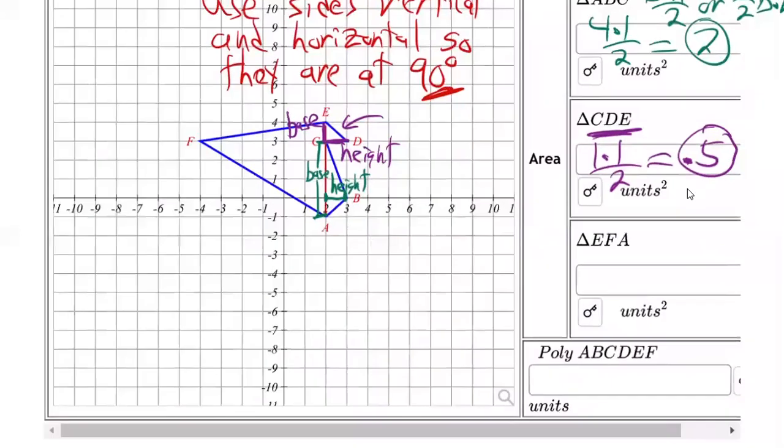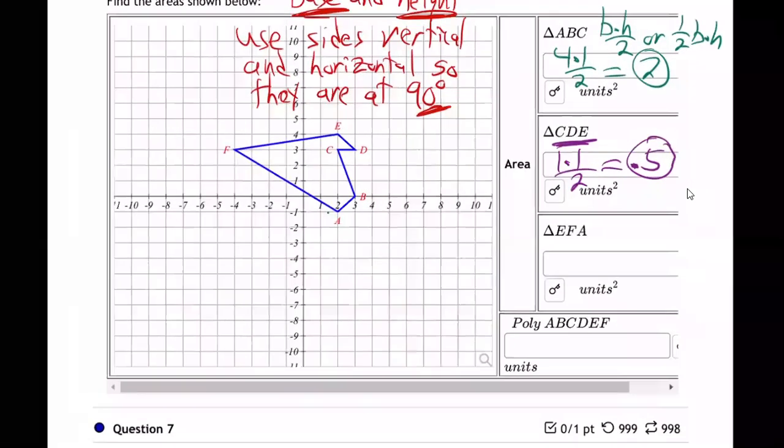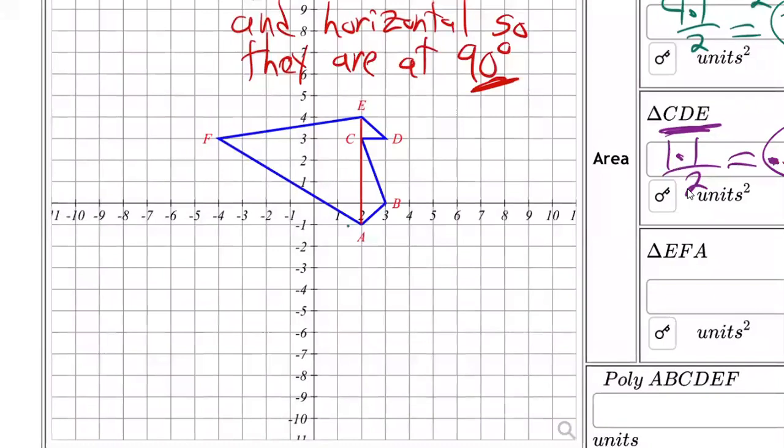Okay, last one, triangle EFA. EFA right there. So what's the base and height? Again, we've got to use lines that are 90 degrees. Let me put it back the way it was. The base for this triangle goes all the way from here to here. There's the base. And what's the height?